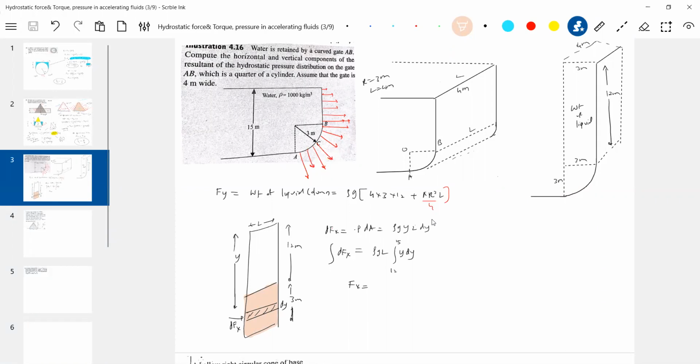So if you calculate, you'll get the y component and the x component. You have to do the calculation: 250 into 10 to the power of 4 Newton, and 8 pi into 10 to the power of 4 Newton. If you take the resultant of these, that is the force acting on the gate.